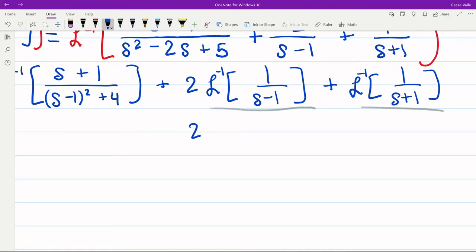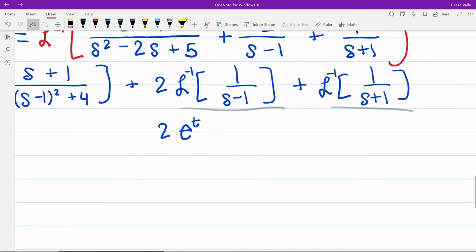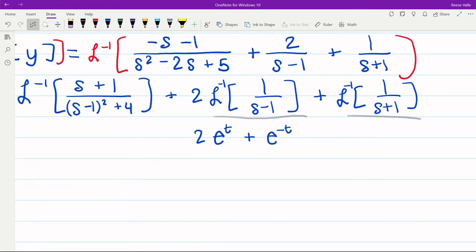So it's just 2e to the t, or actually this is regular t, right? Yep. And then plus e to the negative t. Cool. I think that's right so far.